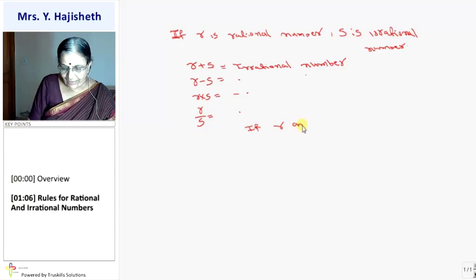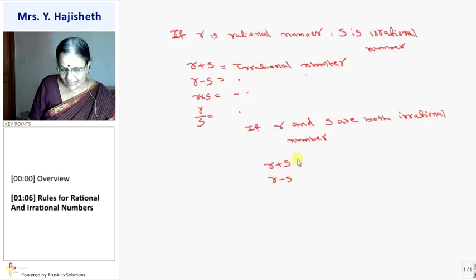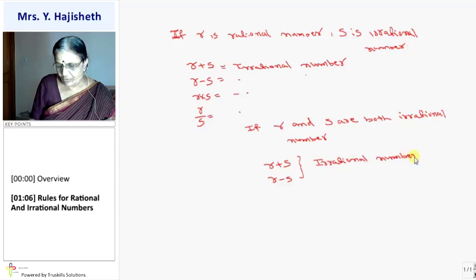But if R and S both are irrational numbers, then R plus S and R minus S both are irrational. But what can you say about R into S and R upon S?